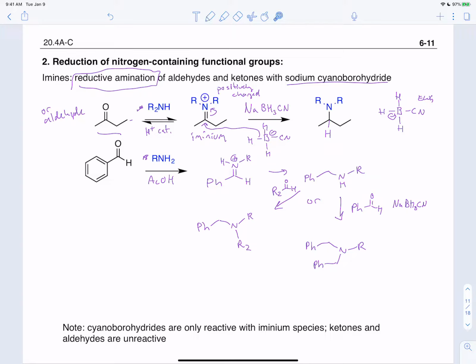So reductive amination offers a pretty powerful way to make amine derivatives, especially since you can do these iteratively, one step at a time to introduce one functional group, then introduce a secondary substituent. And it's, of course, important to recognize that cyanoborohydrides are only reactive with iminiums. It is the positive charge that lets them be reactive, whereas ketones and aldehydes are unreactive under the same reaction conditions. I would refer to the synthesis sheet.